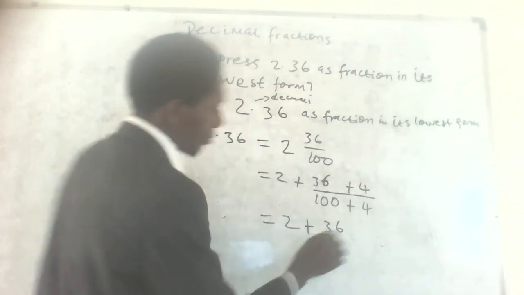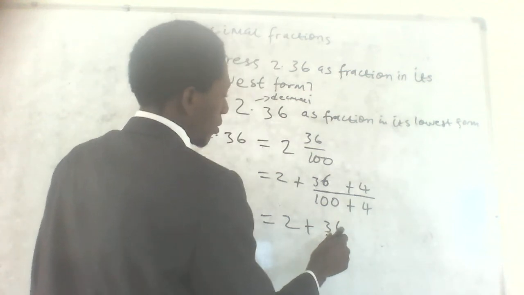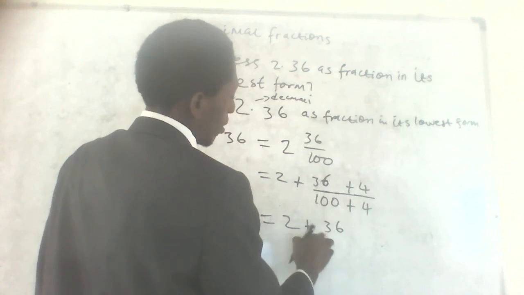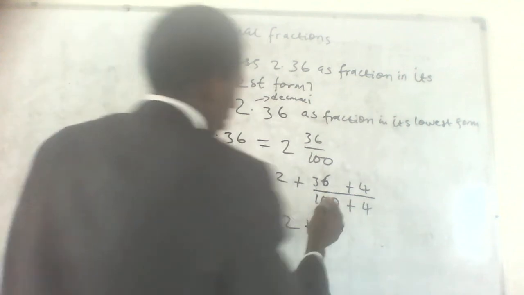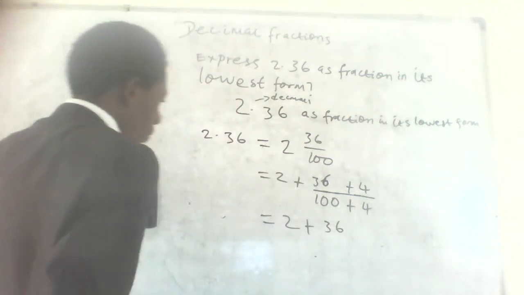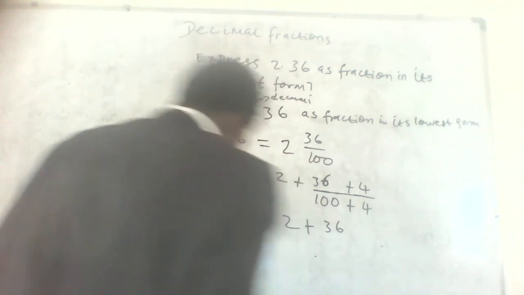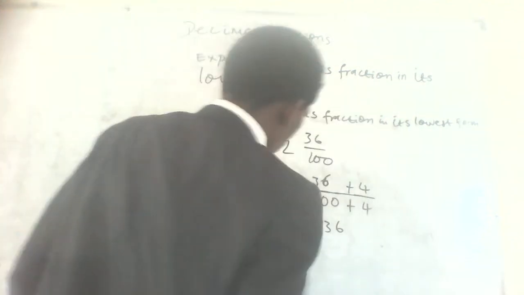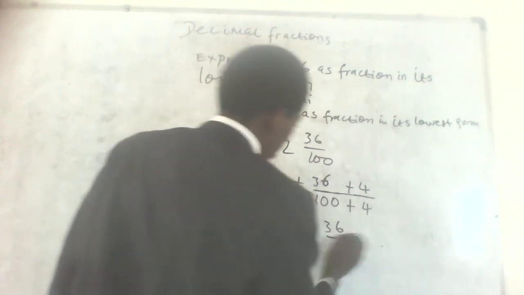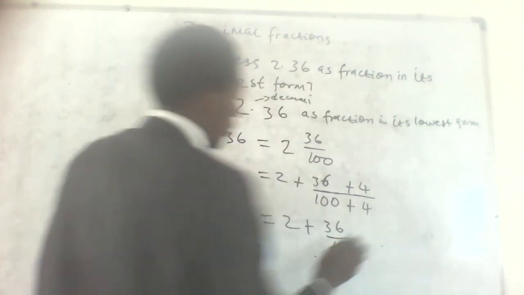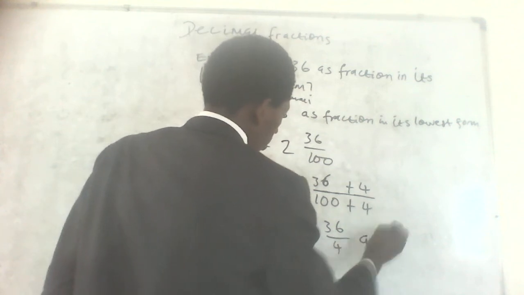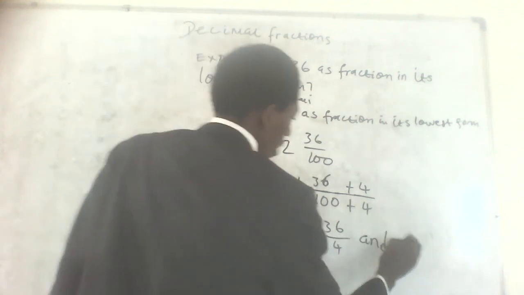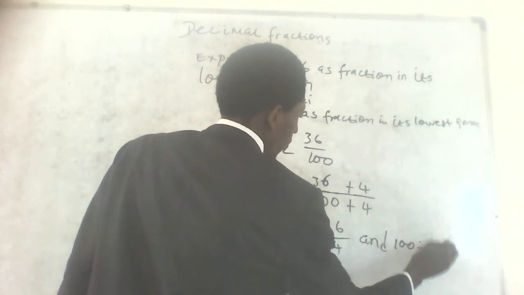Let me break it down. 36 plus 4 will be 40, and 100 plus 4 will also be 104. So I am going to do the division. Now 36 divided by 4, and 100 divided by 4.